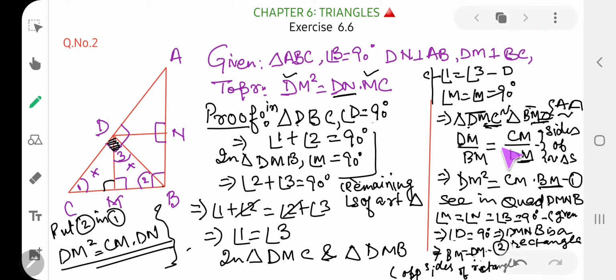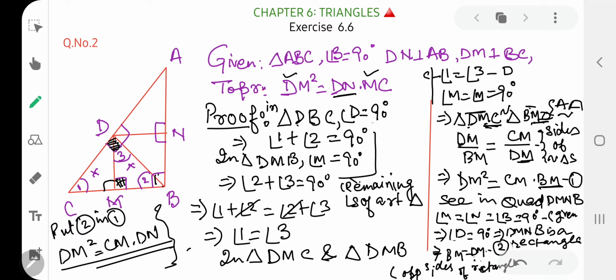To prove BM equal to DN, let us look at this figure, this quadrilateral DMBN. Look at this quadrilateral. This angle is equal to 90 degree.